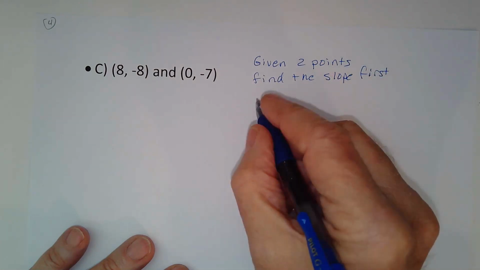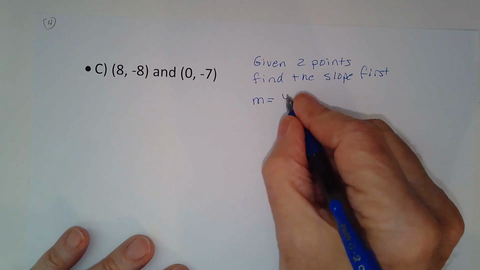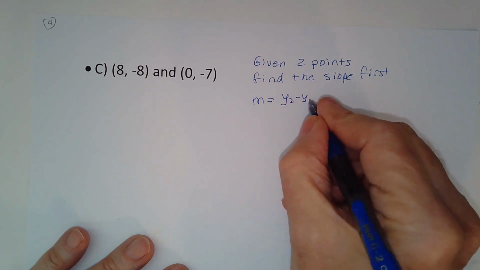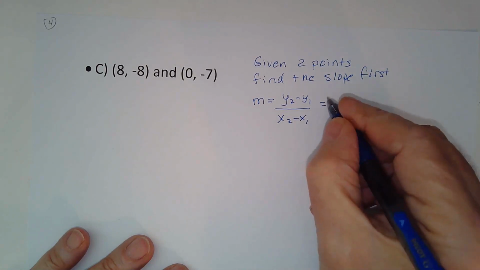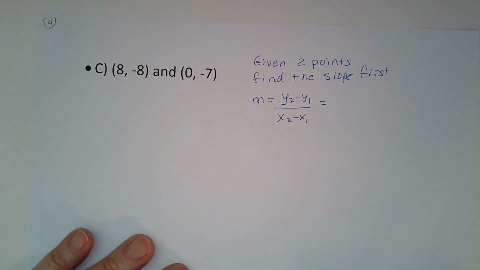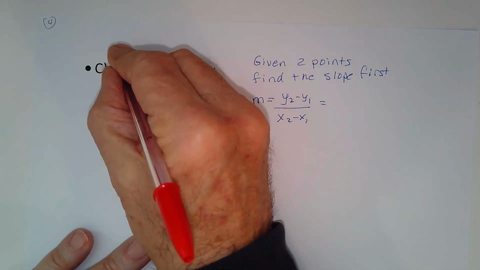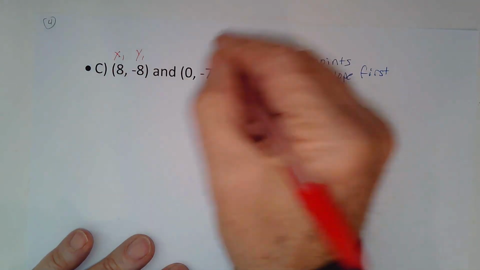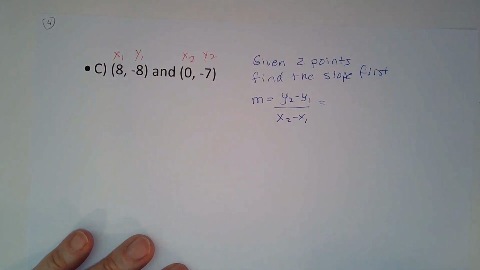All right, so the slope formula is slope equals y2 minus y1 over x2 minus x1. Now I'm just going to go ahead and label this first set of coordinates x1, y1, and the second one x2, y2. And so now I'm going to put in the coordinates.